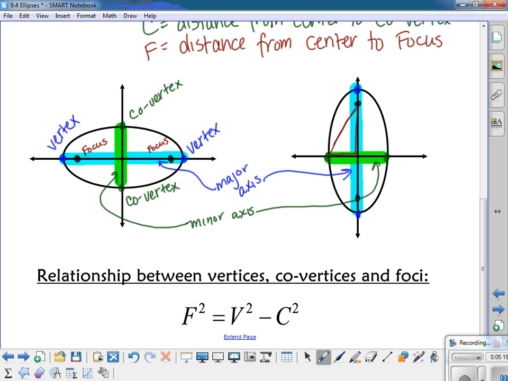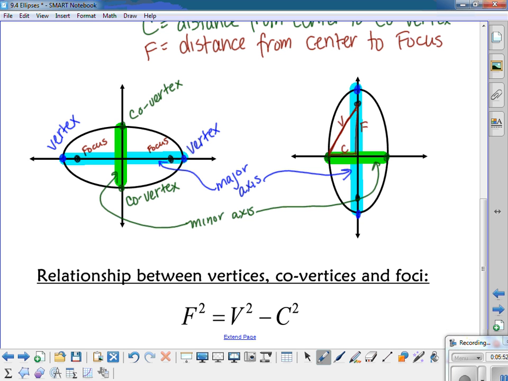This distance ends up being the same as the distance to my vertex. And then that's my distance to my focus, and that's my distance to my co-vertices. So f squared plus c squared is v squared. But we know what the v squared and the c squared are from the equation. So we're usually solving for f, and so we just put f squared equals v squared minus c squared. But it's all based on the Pythagorean theorem.